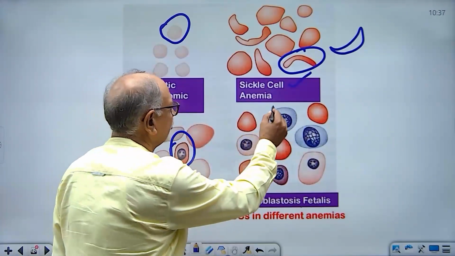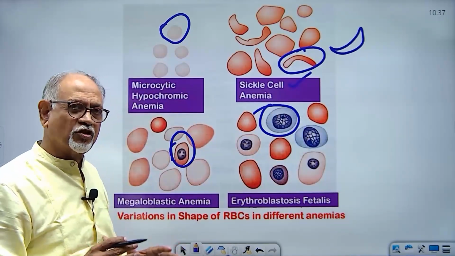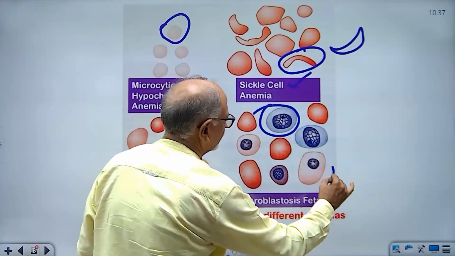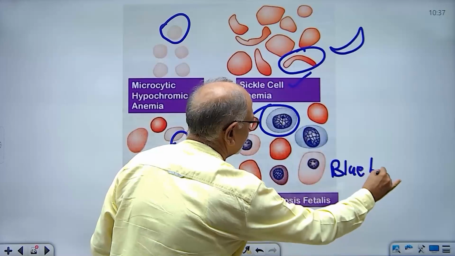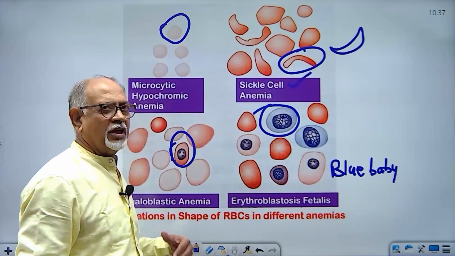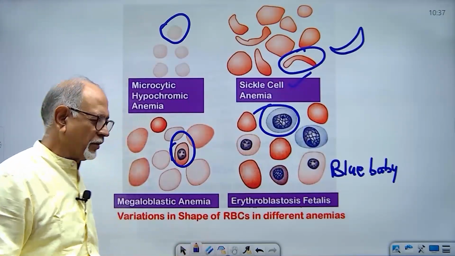Those RBCs become blue in color, they are destroyed. So this is also sometimes called blue baby. In later lectures, we will discuss this issue in detail.